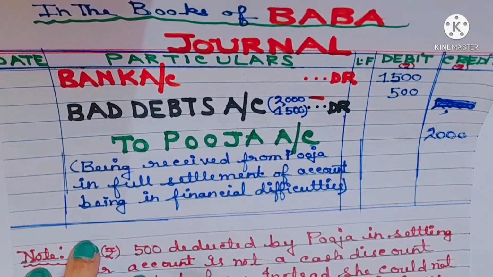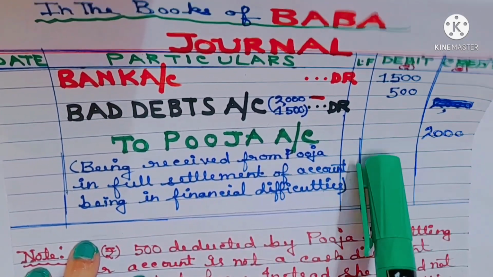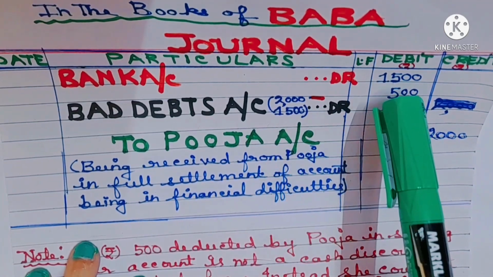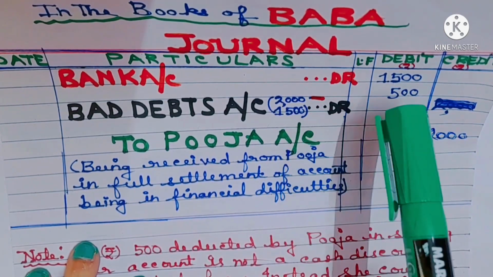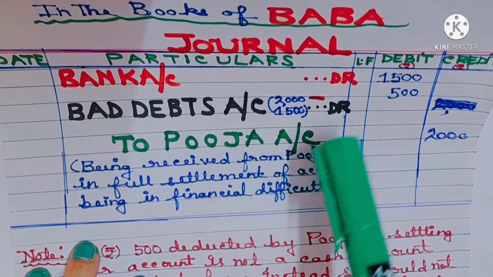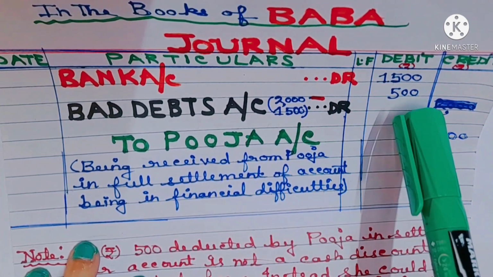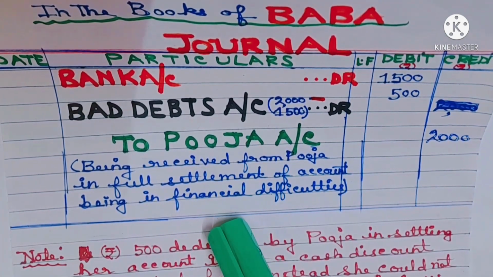Pooja was supposed to pay Baba 2000, but Pooja paid rupees 1500 by check in full settlement of account. So Baba has received a check rupees 1500 from Pooja. So 500 is not discount allowed to her because the last line, remember, has been mentioned that Pooja being in financial difficulty.